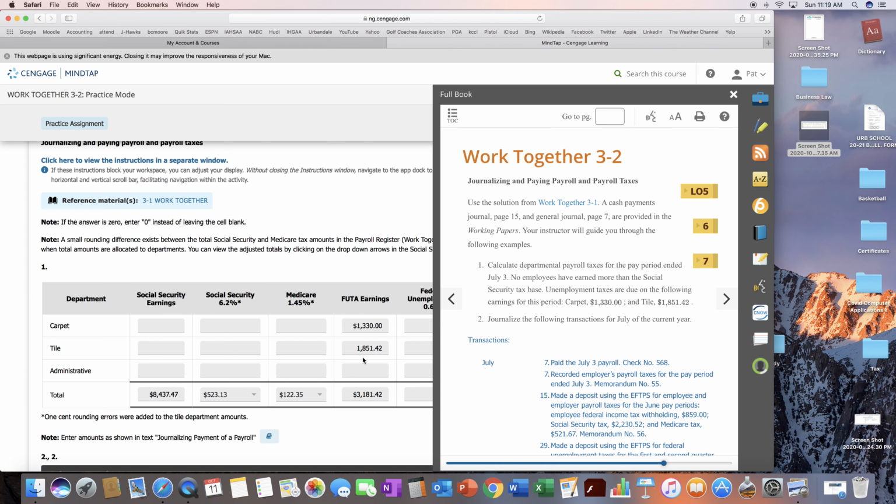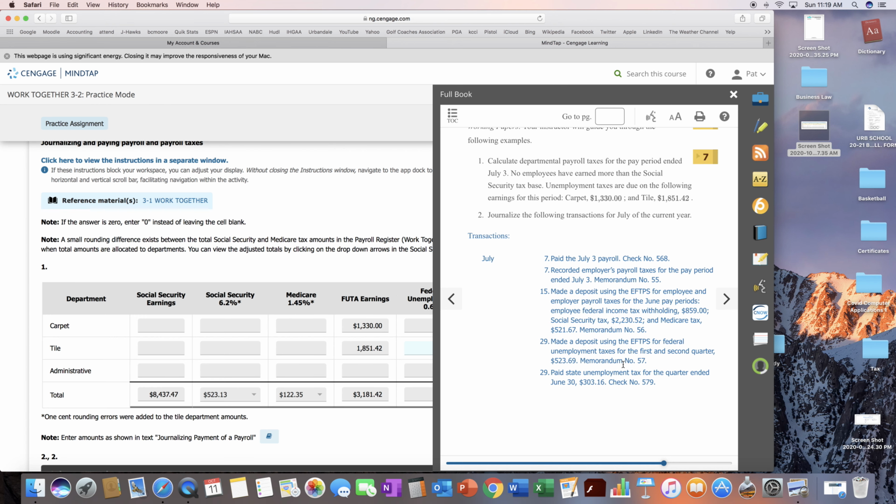The reason they're so low is you pay the federal unemployment tax up to $7,000, and quite a few of their employees have already reached the 7,000, so that's where these numbers are a little lower. And that'll come into play later when we pay these taxes. If it's under $500, you don't have to pay it right away. So that's why it says first and second quarter, and they just give them to us. But that's jumping ahead.